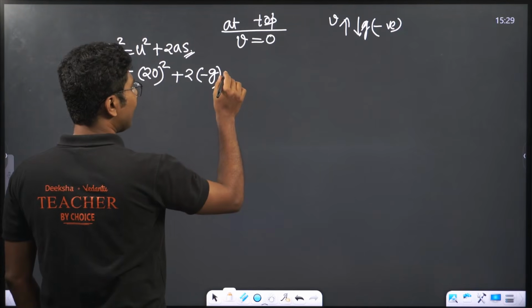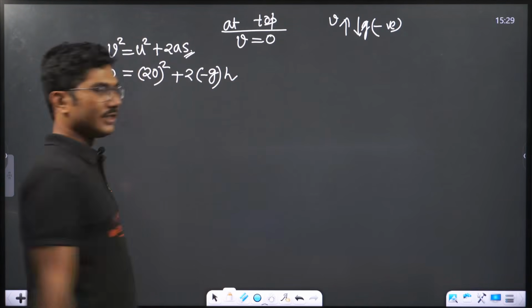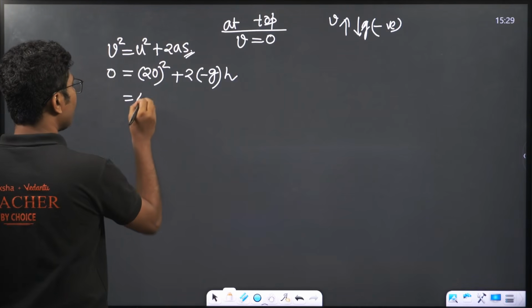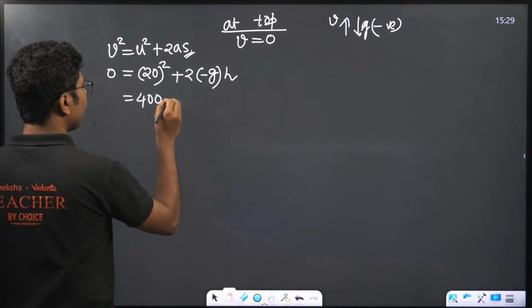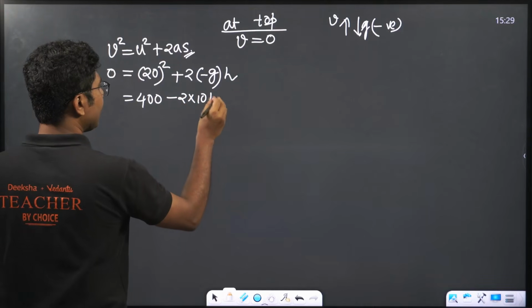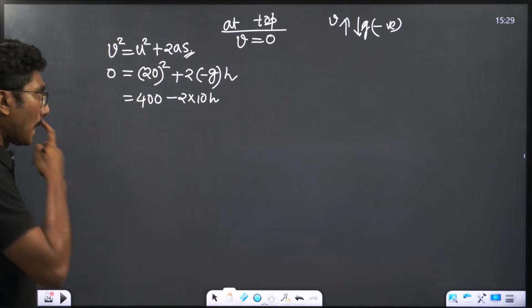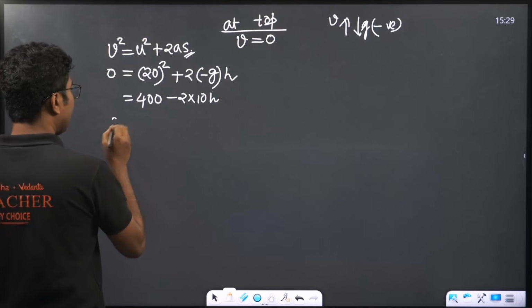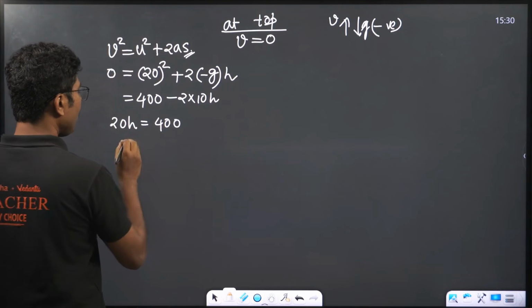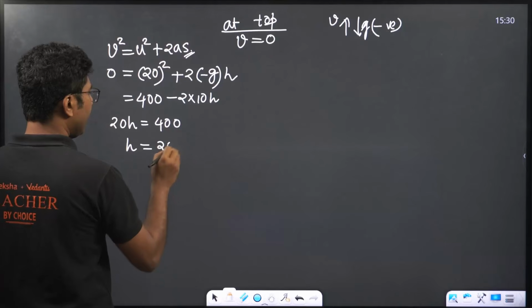S is the height that it is reaching, that we are trying to find out. So 20 square is 400, minus 2 into 10 h. G's value is 10, so we get 20h equals 400, or h equals 20 meter.